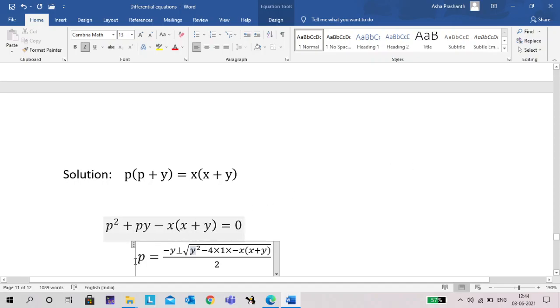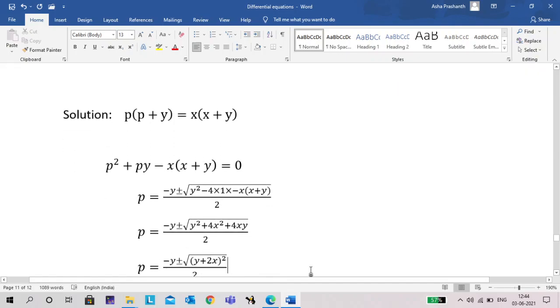In a similar way, we take p is equal to minus b, where the b value is what? The p coefficient is minus y, right? That is the b value. So minus y plus or minus square root of b square minus 4ac: 4 into a value is 1, c into this, divided by 2 into 1.